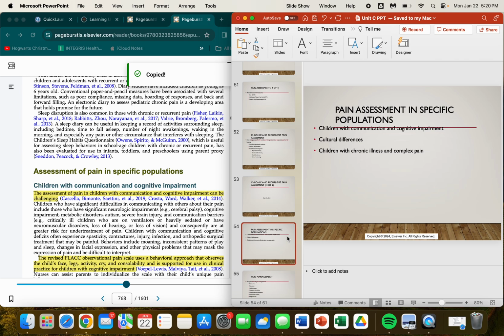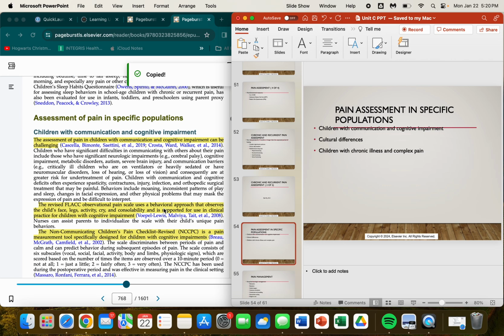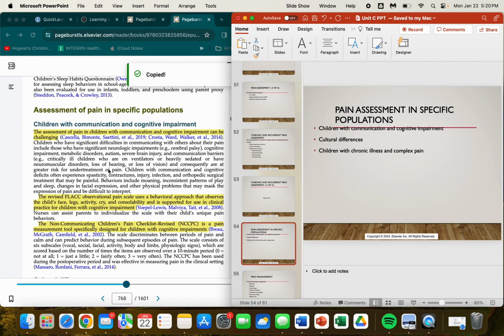And then pain assessment in specific populations. Children with communication and cognitive impairments may be a little bit more challenging to assess when it comes to pain assessment, especially those who have a developmental delay or some other injury or issue that causes them to not be able to verbally rate their pain.